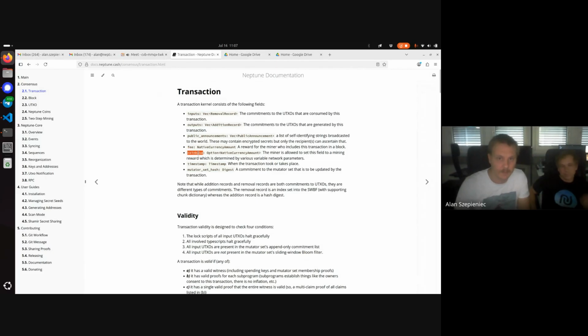And lastly, there's the Coinbase, which contains the block subsidy, and so the miner is allowed to set the Coinbase in the transaction that ends up being the single transaction in that block. And he's only allowed to set the Coinbase to the allowed block subsidy. In regular transactions that non-miners initiate, the Coinbase is not allowed to be set.